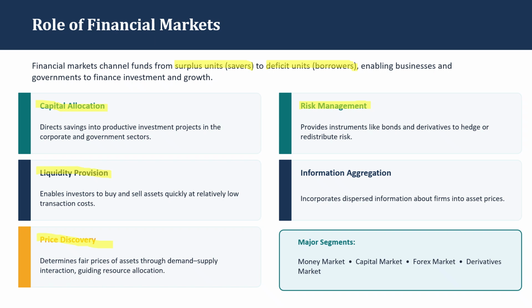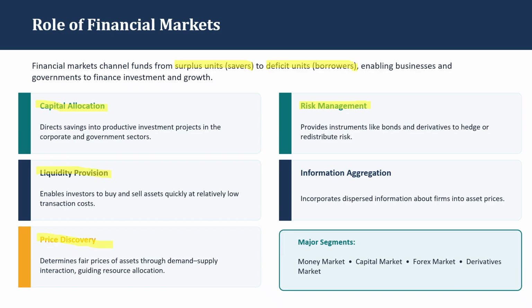So financial markets provide instruments that allow people to share, transfer, or hedge the risk. For example, a company that will receive dollars in future can use the foreign exchange market to lock in today's exchange rate and protect itself from currency risk.